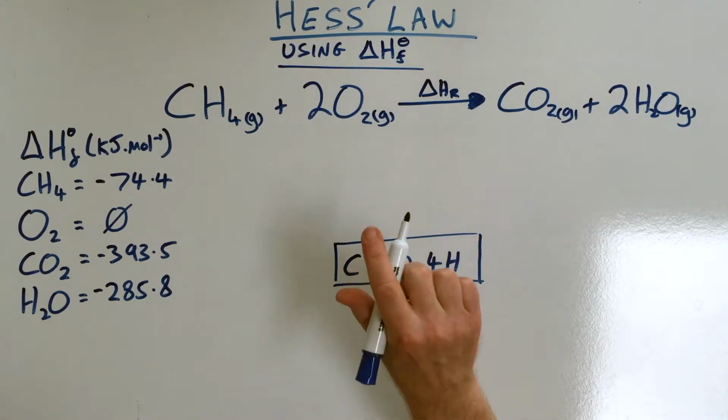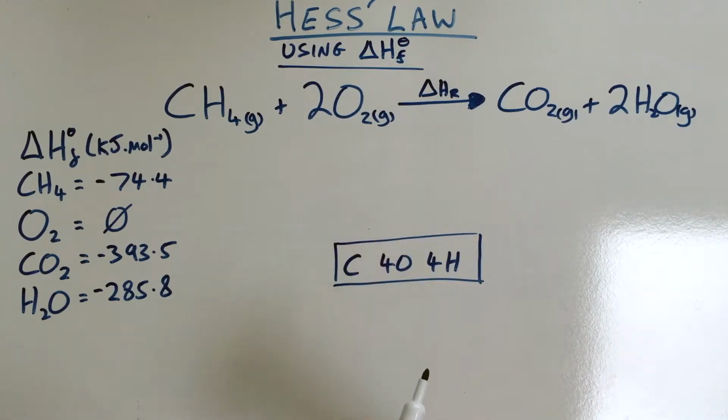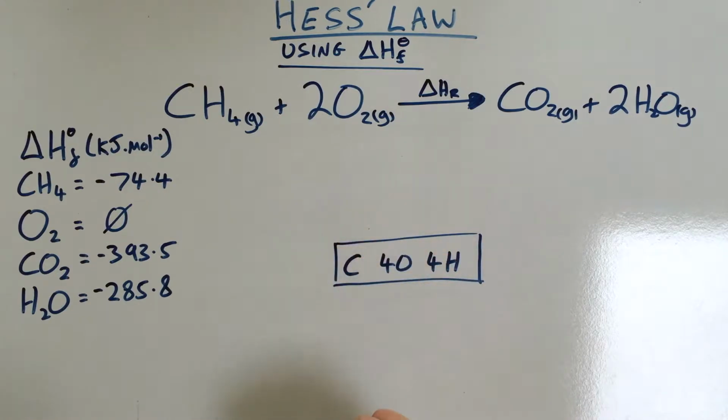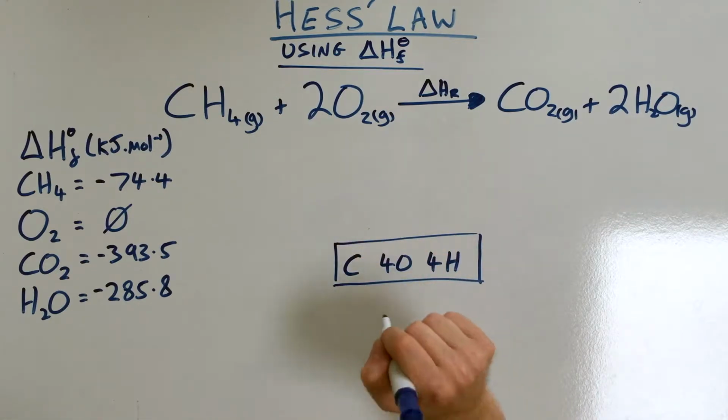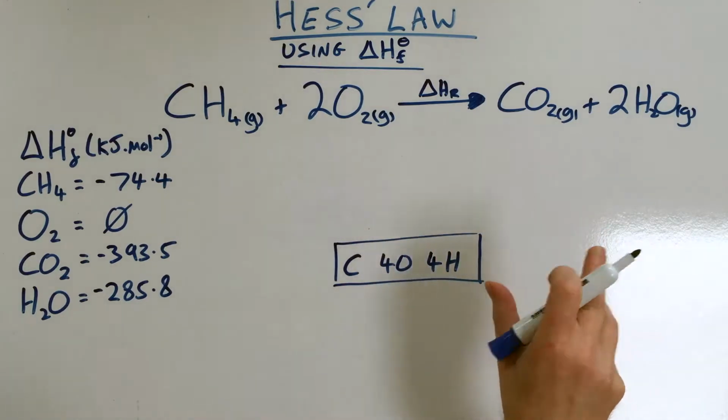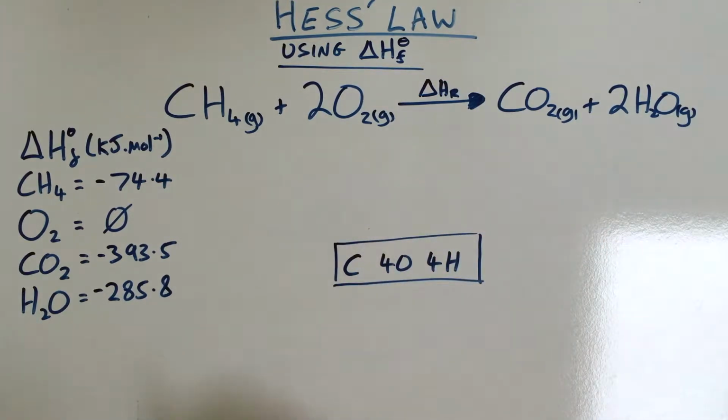Now, if you remember, your delta HF definition is the formation of 1 mole of a substance from its constituent elements. So when you're given delta HFs, you put your constituent elements at the bottom, and then you put an arrow in to show the formation of those different substances.